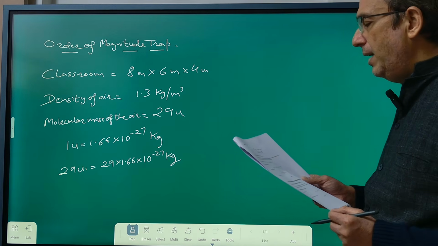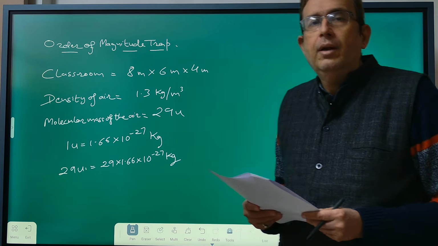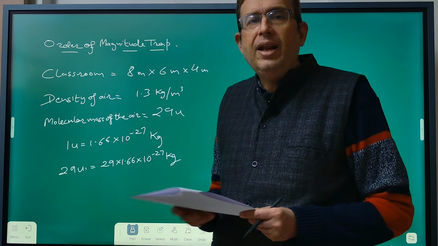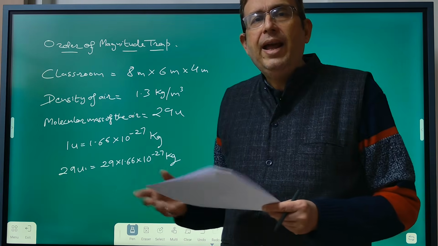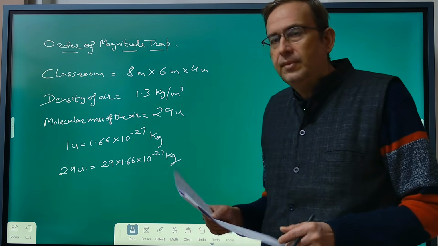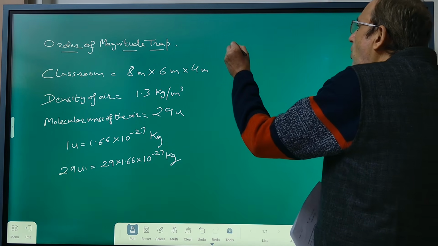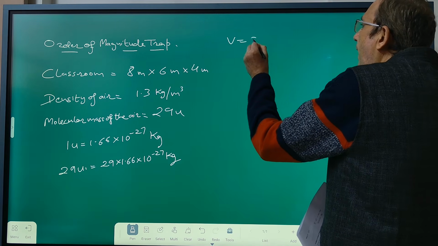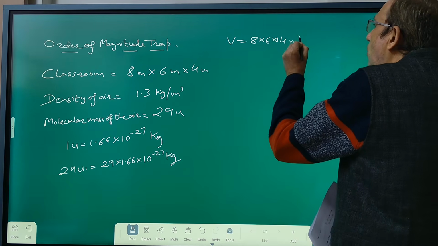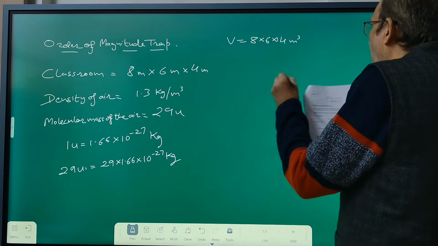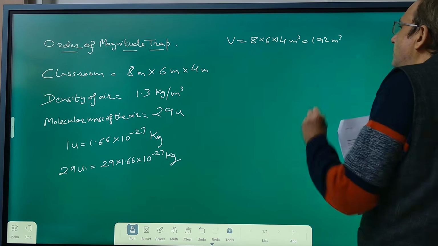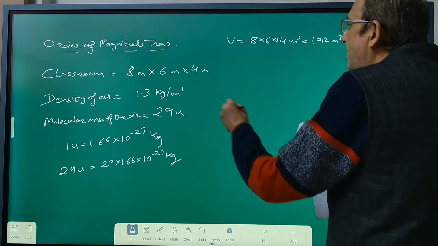And let us say how much is the total mass of air inside the room. You know the density of the air and you know the volume, so from there you can calculate the total mass of the air inside the room. Let us say the volume is 8 into 6 into 4 meters cube, which turns out to be 192 meter cube, and then the density is this.